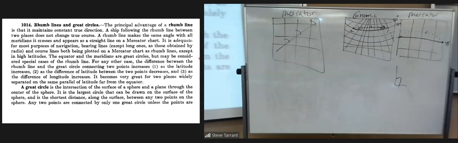Those points will maybe be a couple hundred miles apart, like maybe a day's run. Then I'm going to transfer those points to a Mercator chart, and do a series of rhumb line legs that approximate a great circle.